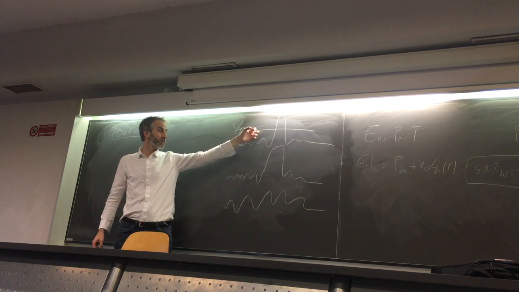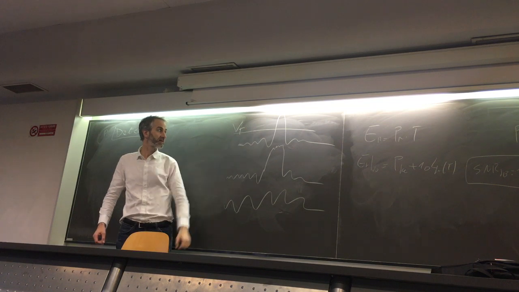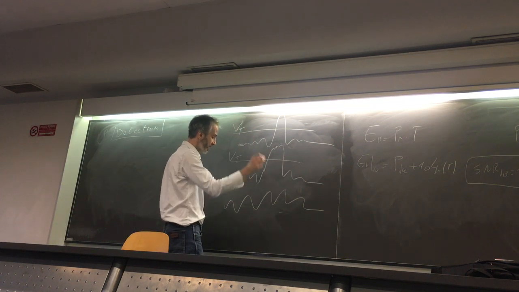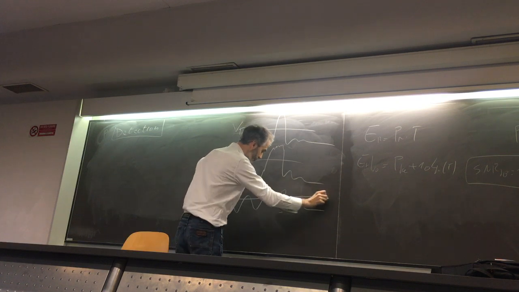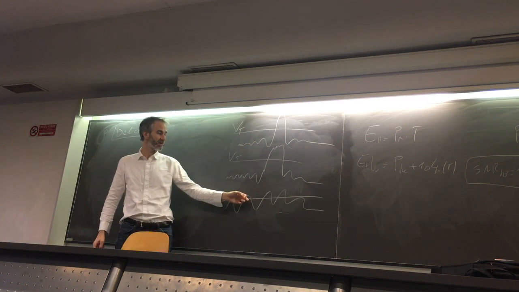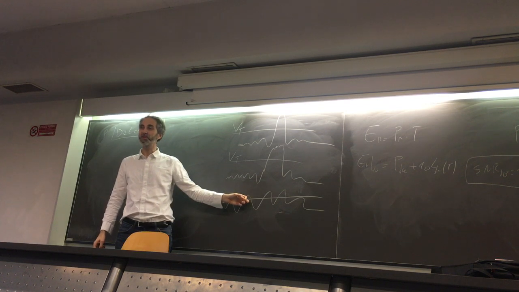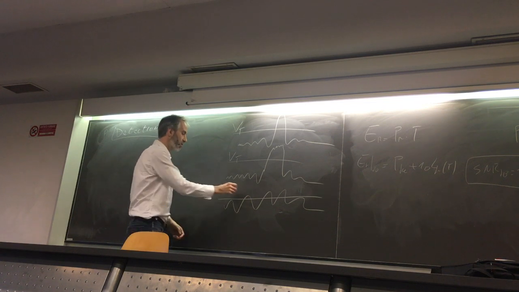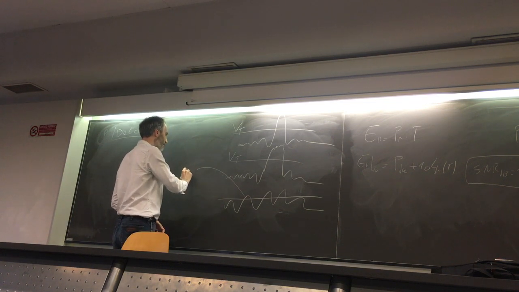So in this case, for example, we would detect the target, we would also detect it here. If we have a lot of noise, in this case we have many peaks that look like targets, but they are just noise. And so this situation is called false alarm.